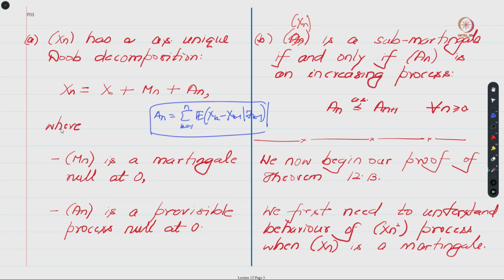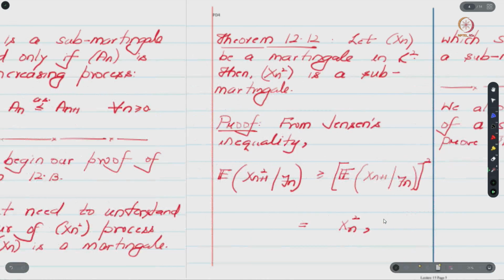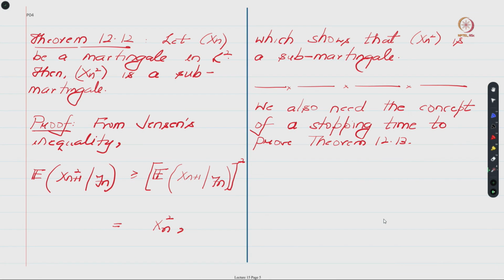When we have been given a martingale sequence Xn, what can we say about the Xn square process? Okay, so this is the question that we need to answer, and the answer is given in this result. Again, I would like to emphasize that this numbering is taken from the Probability with Martingales textbook by David Williams. So if you need more details, you can look it up. So the result goes something as follows.